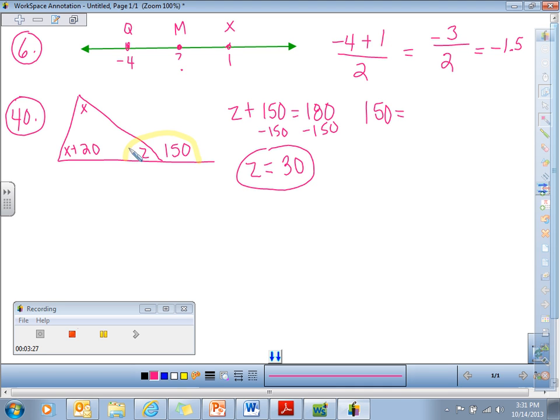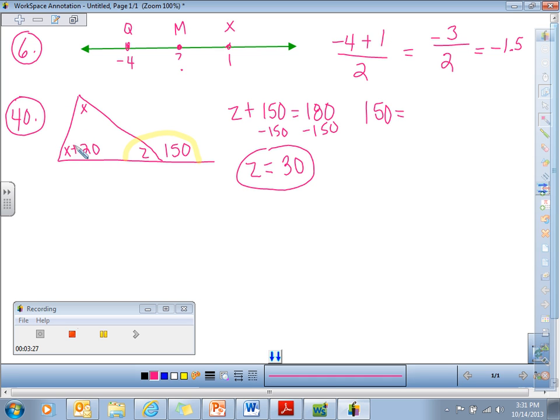Remember, if they're far away, we use the what? What's this called? Remote interior angle. So the exterior angle is equal to the sum of the two remote interior angles. That means 150 is far away. So these two angles are far away. Z is right beside it. Think about it. You would not use the remote control for this angle. It's right beside it. So you'd use it for these two because they're far away.